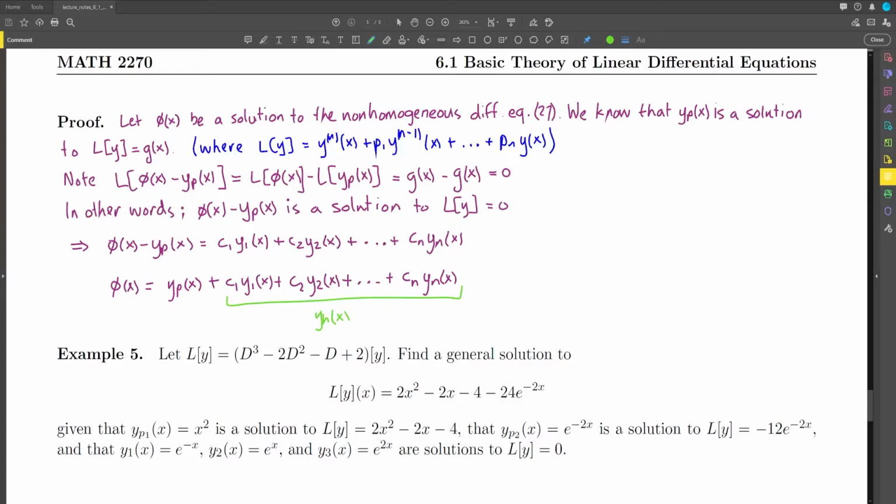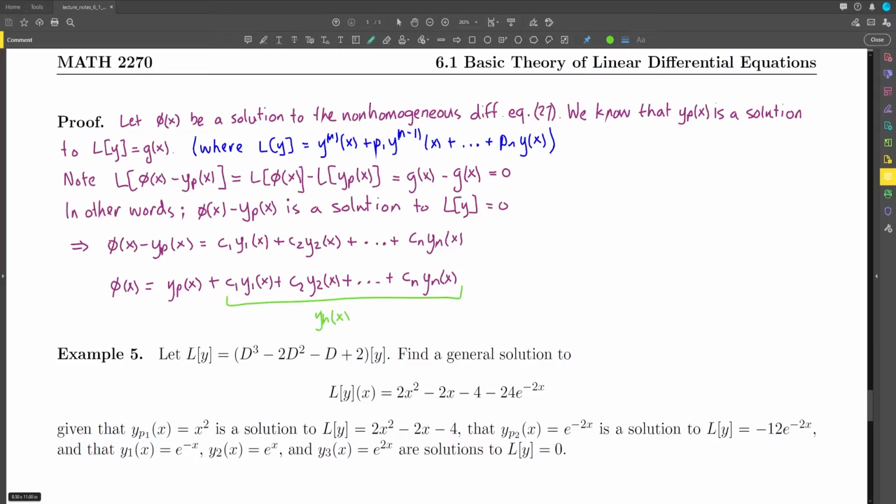Now let's end this video with an example where we can apply this finding. So we're looking at a differential operator L defined by d cubed minus 2d squared minus d plus 2 acting on y. We want to find a general solution to the differential equation L acting on y equals 2x squared minus 2x minus 4 minus 24e to the power negative 2x.